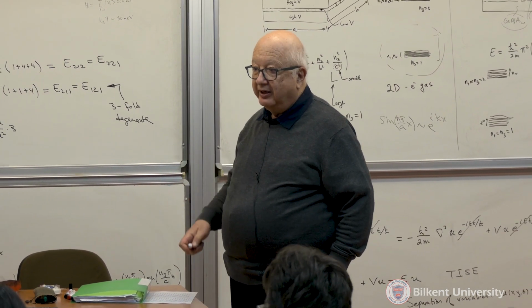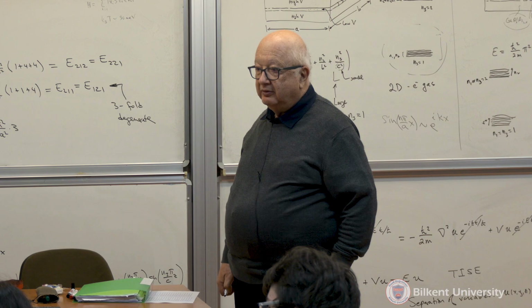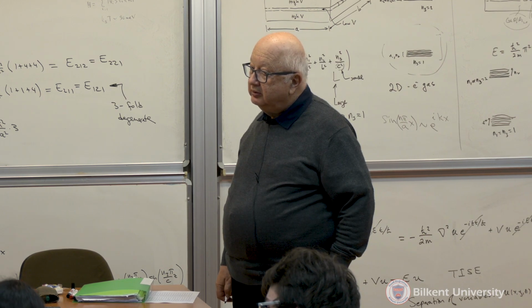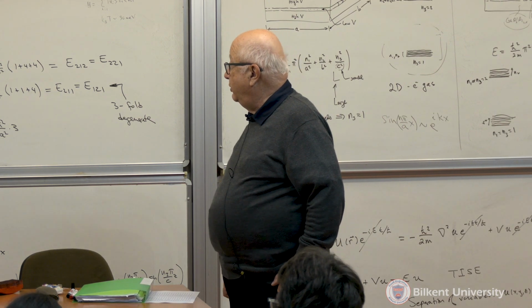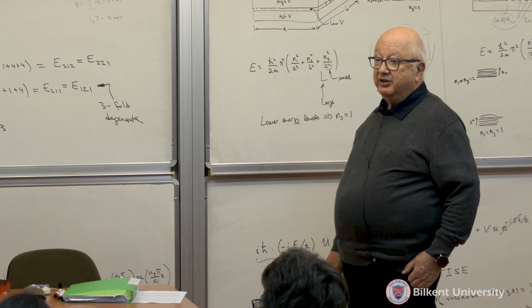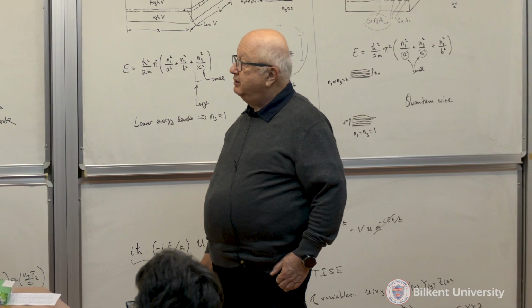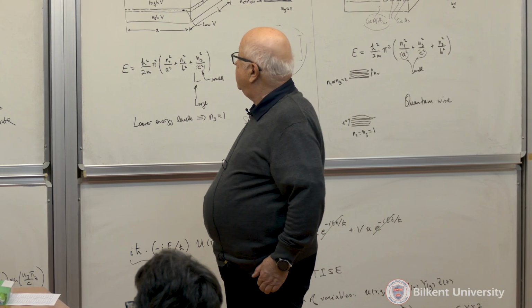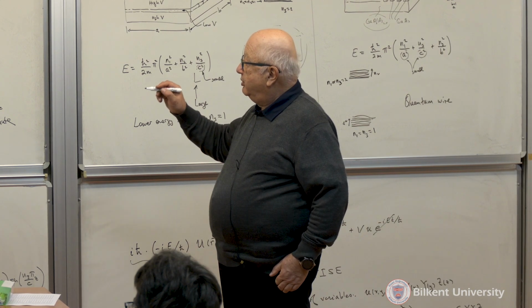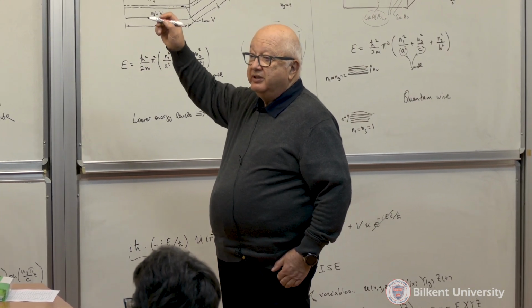I guess, yes. So what changes, like what's the meaning of the degeneracy? What does it mean to have a degenerate state? For a single particle, if I have a single particle inside this box, it can go to any one of these states.